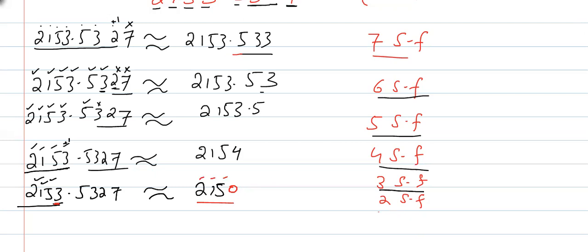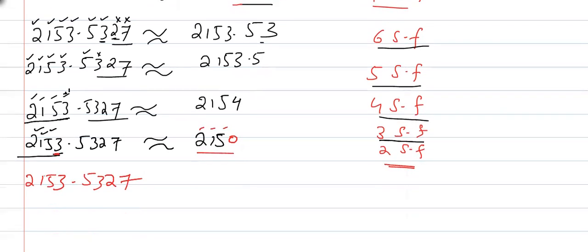For example, I'm rounding to two significant figures. Now let me write 2153.5327. Now I have to round this to two significant figures. This is the first significant, this is the second significant. I don't need all these, but the problem is these two are in the whole part, so I can't completely leave them.